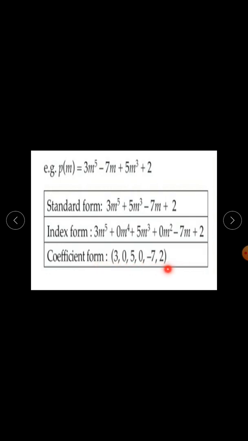So in coefficient form, one can write the coefficients of the variable by considering all the missing terms in the standard form of the polynomial. Write all coefficients in brackets: (3, 0, 5, 0, minus 7, 2) is the coefficient form of this polynomial.